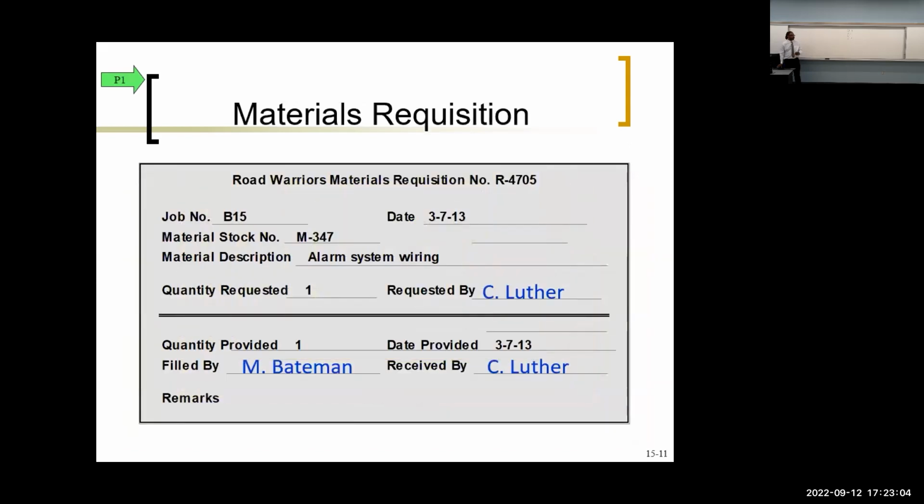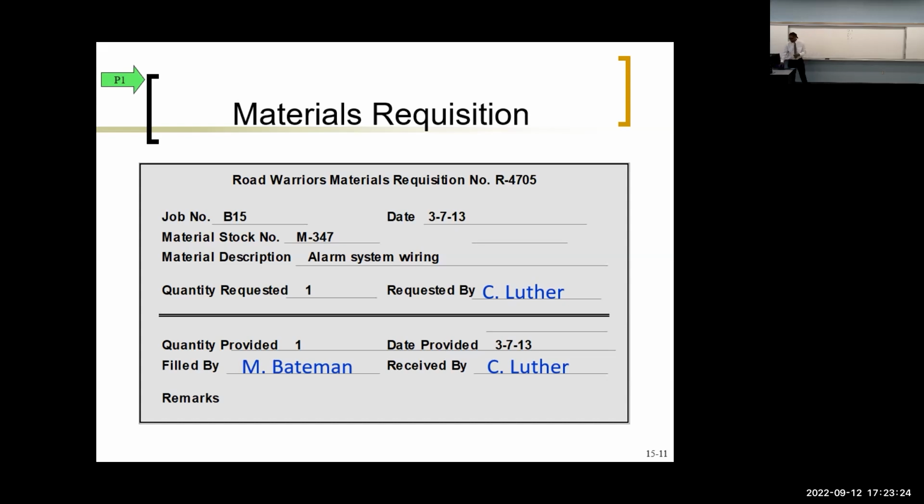Well, the direct materials come from the materials requisition. Remember, the person working on the vehicle will contact the inventory manager and say, hey, we have an order for an alarm system. We need you to send us the alarm system wiring.